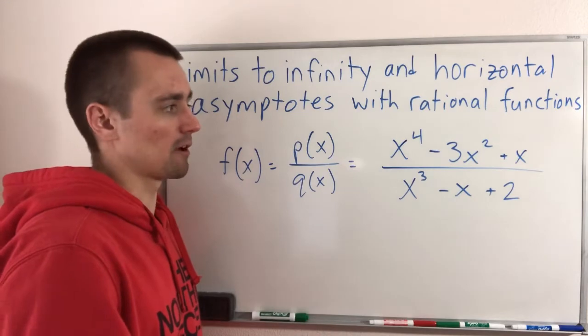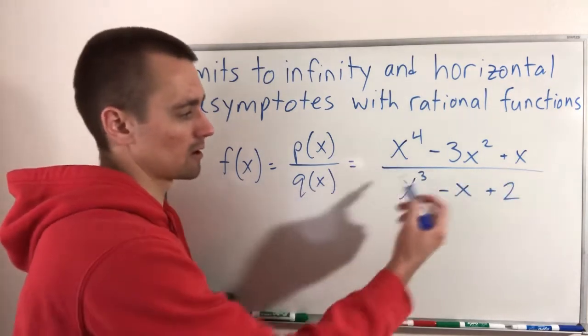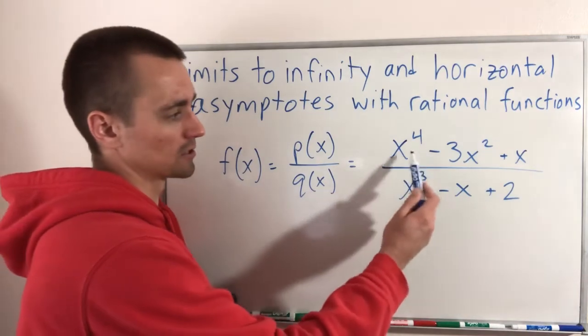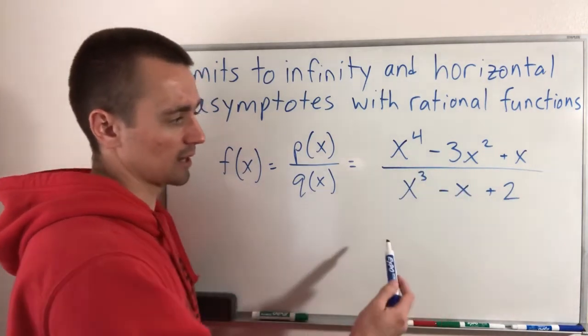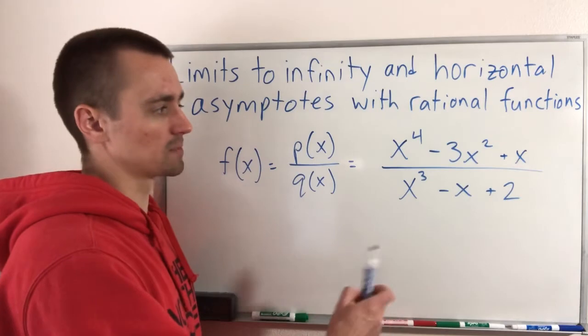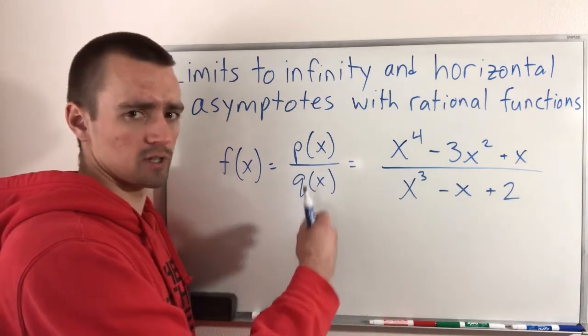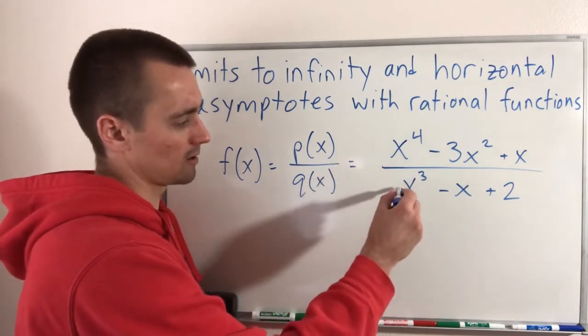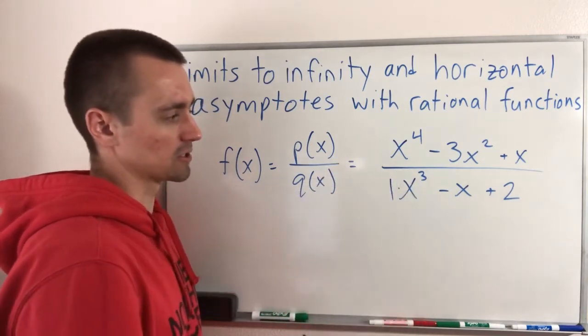This is an example of a rational function because both the numerator and the denominator are polynomials, right? We just have a bunch of terms being added or subtracted, where each term could be thought of as a constant coefficient times x to some whole number power. If we don't have a coefficient, you can imagine it's just 1.